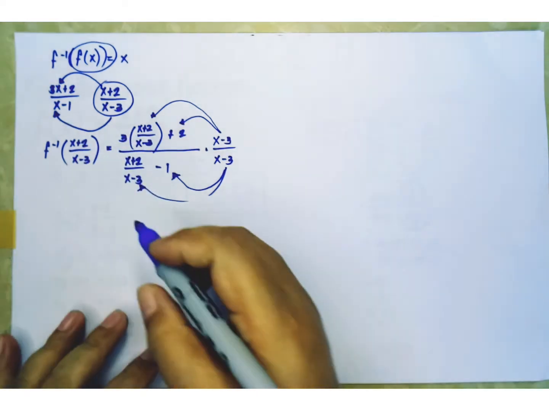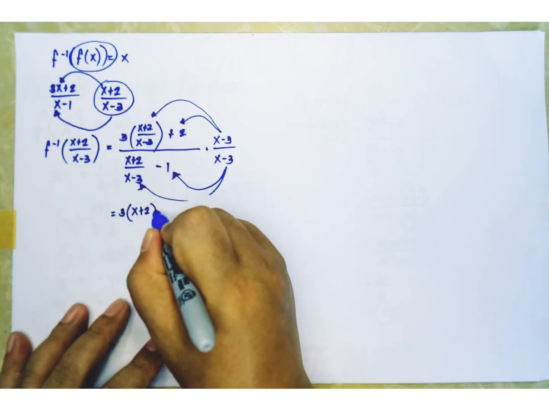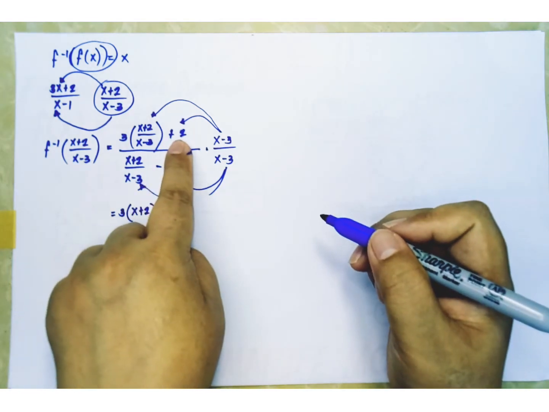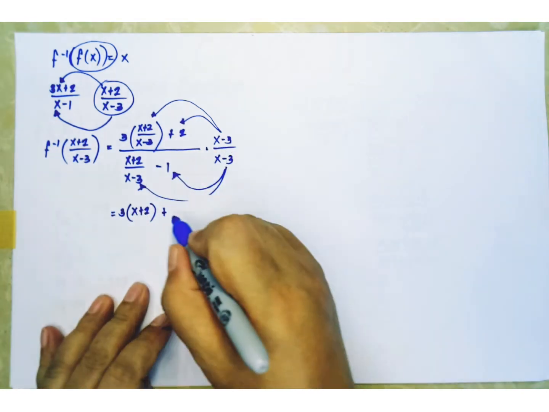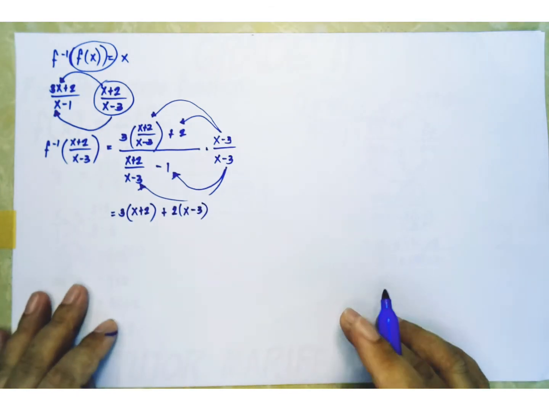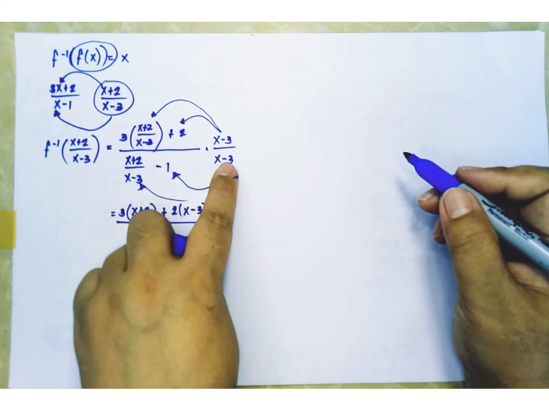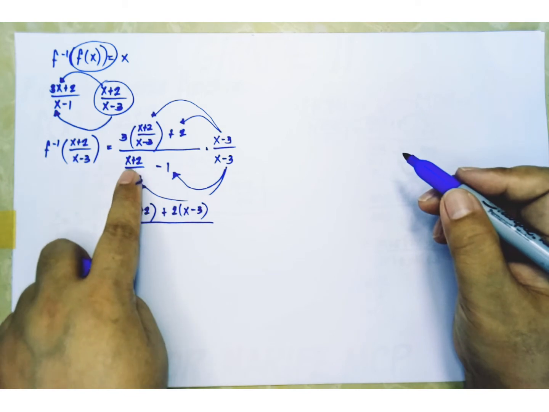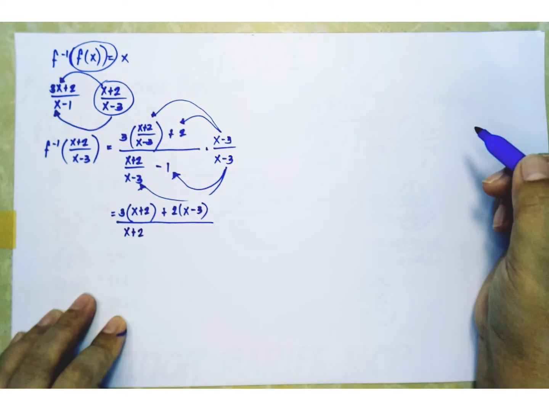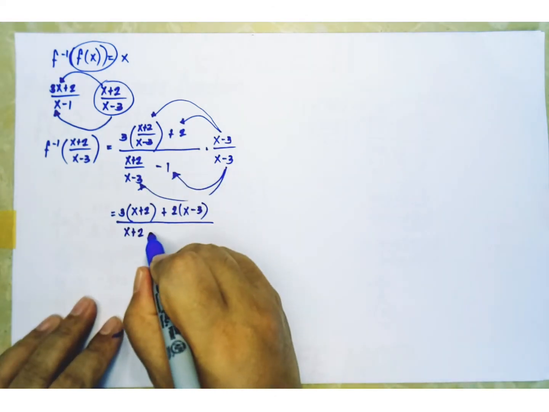We only have 3 times the quantity x plus 2 plus 2 times the quantity x minus 3. All over, first term multiplied by x minus 3, this will be cancelled out. We only have x plus 2. Minus 1 times the quantity x minus 3.